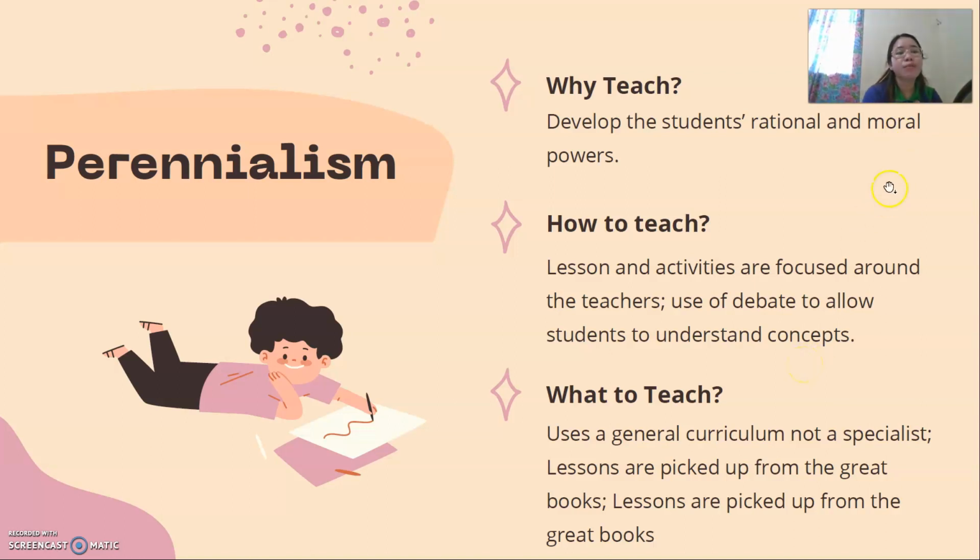When you want to develop the morality of your students, you give them lessons and activities that are focused around the teachers because the teachers are the role model. So what the teacher shows, the character of the teacher, the attitude of the teacher, how the teacher deals with life, something like that. So the students will model the teachers and the students will learn from it.